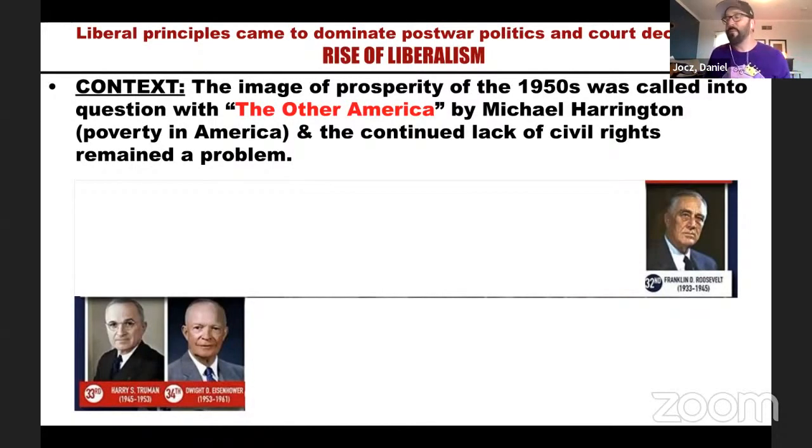It remained a problem in America. Even under Franklin Roosevelt, things weren't really done with regard to civil rights. He consciously chose not to tackle that issue because he didn't want to alienate Southern Democrats. Truman does desegregate the military, and that causes his party to split from him with the Dixiecrat Party.